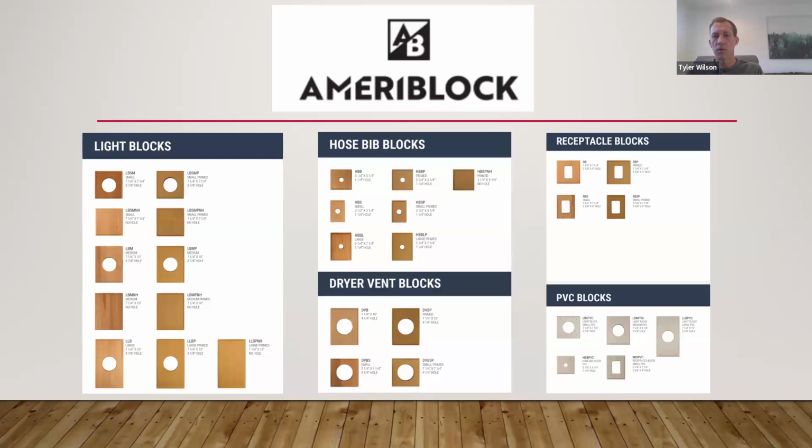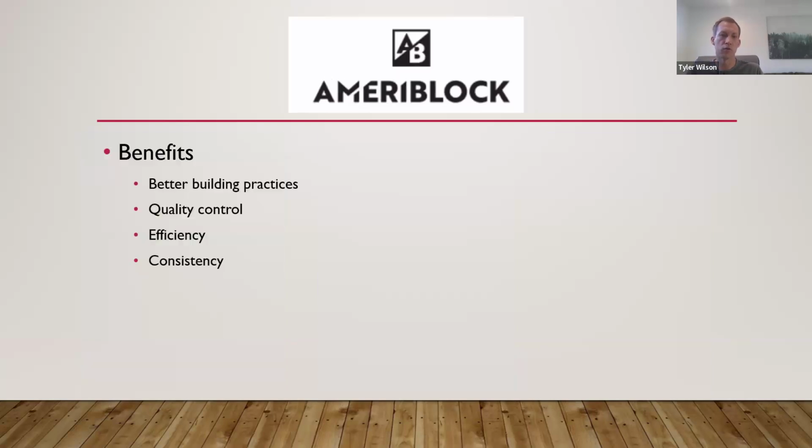So just from a quality control and best practice method, it is good to put these blocks behind any penetration instead of going directly through the siding. It is easier to waterproof and make sure that there's no potential leak points in the future.